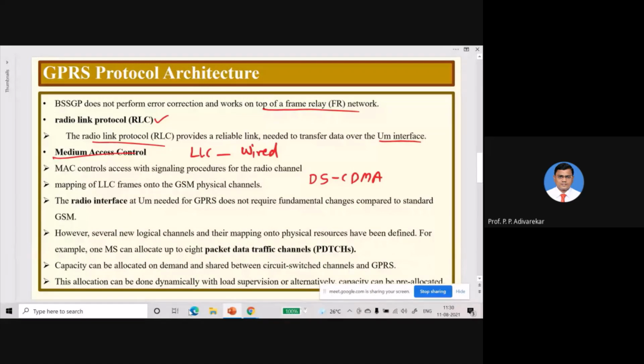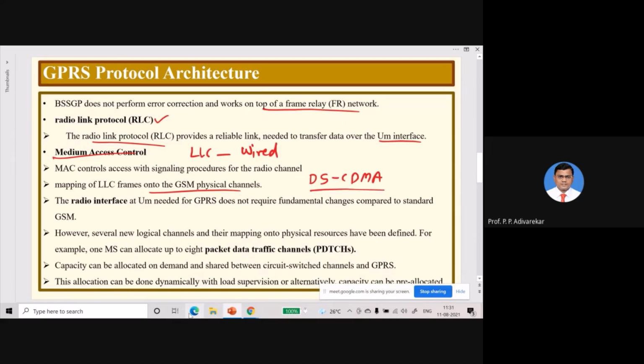The mapping of LLC frames and RLC frames onto the GSM physical channels, because we are using a different technology, is done by medium access control. These new channels implemented in DS-CDMA, and their mapping on physical resources, have been defined by the DS-CDMA standards.